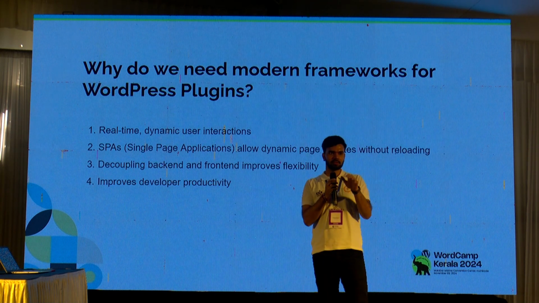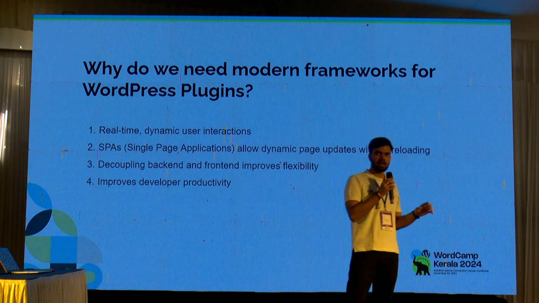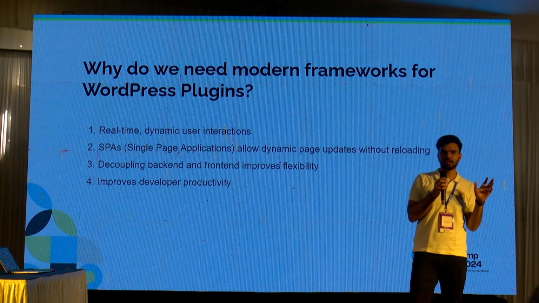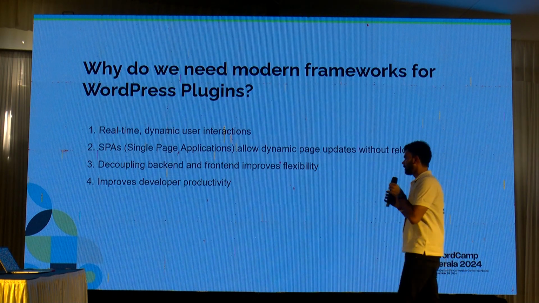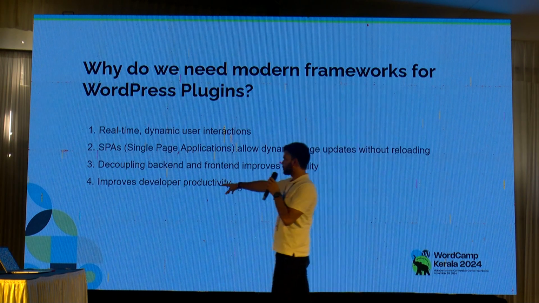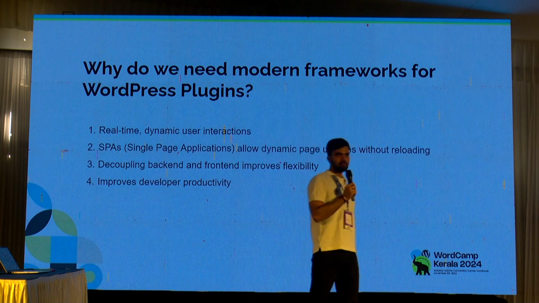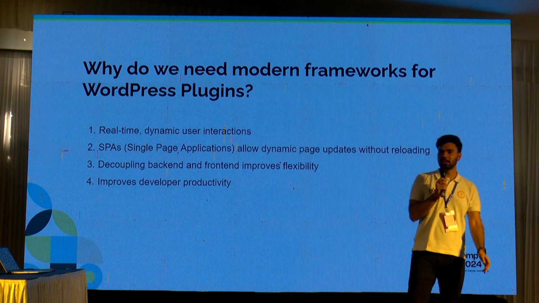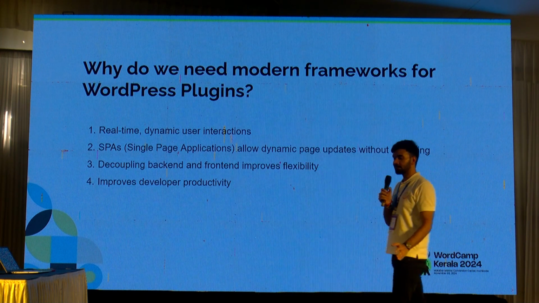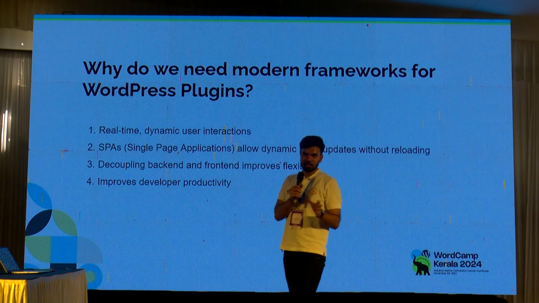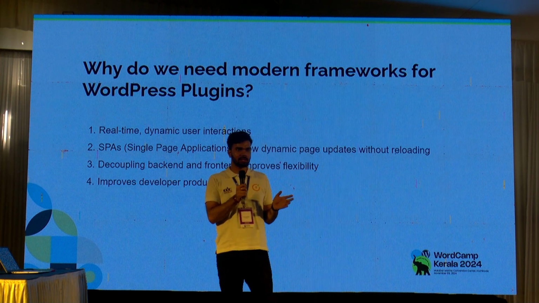You will have your backend logic in the PHP files and your UI logic in your React JS files. So it improves developer productivity and team productivity as well. You can have multiple teams work on multiple projects. Some teams might be handling your UI part, some teams your backend part.